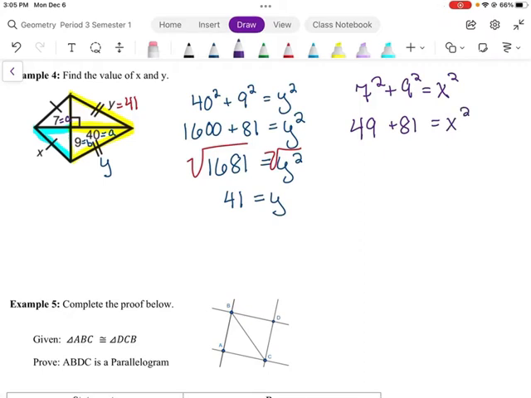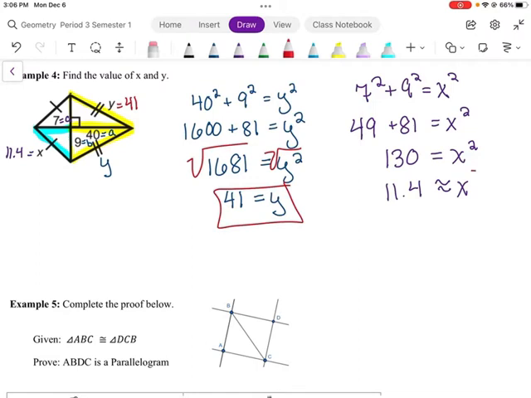So we'll go ahead and take the square root of 130. And that is about equal to 11.4. And that's what this squiggly equal sign means. It means about equal to. All right. So if you didn't get those correct, make sure you fix your work and then write down the correct answers.